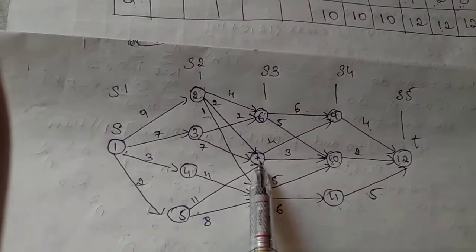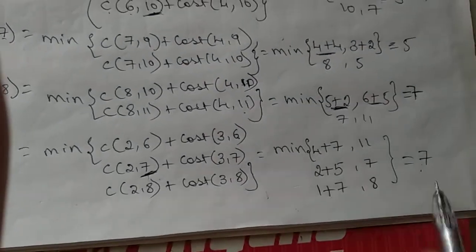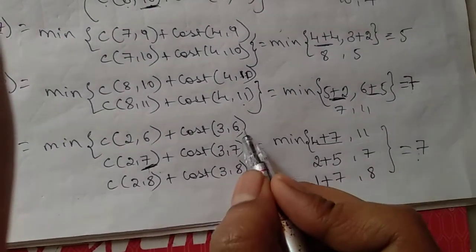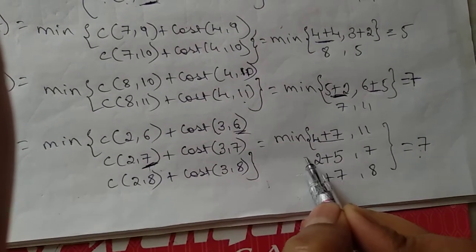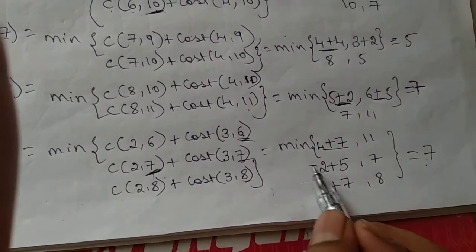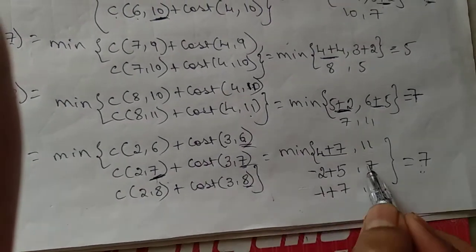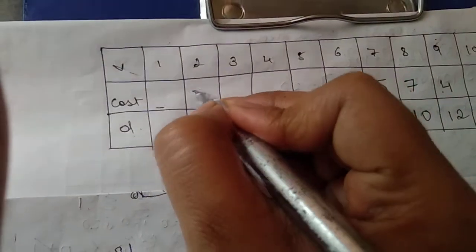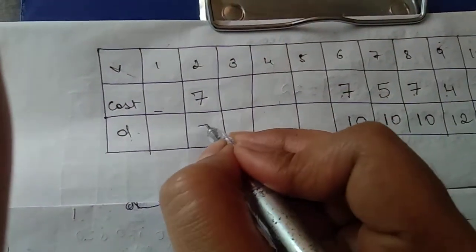Now I am getting 7, the destination is 7 and the minimum value is 7. This value is with respect to 6, this value is with respect to 7, this value is with respect to 8. So I am getting value 7 from this one. So 7 is the destination. So update in the table. Cost is 7. Destination is 7.